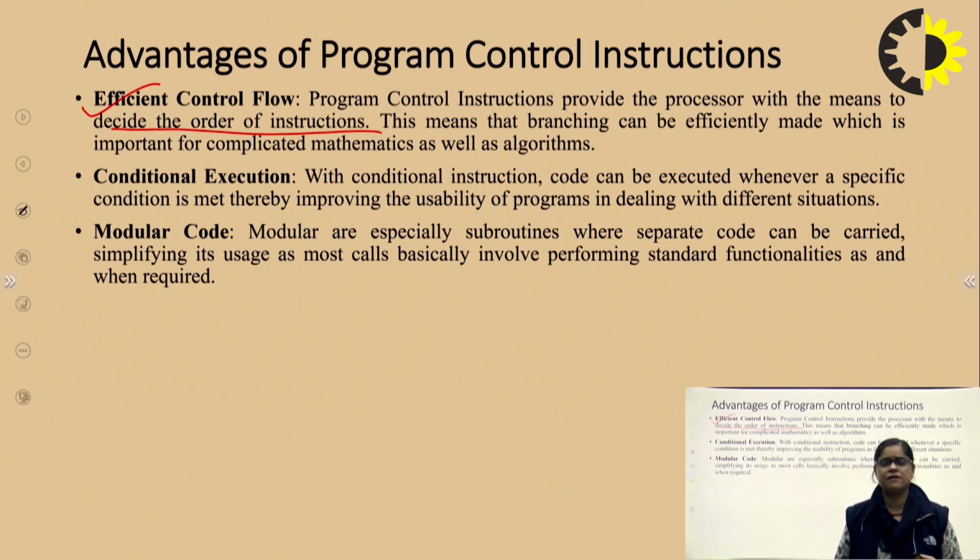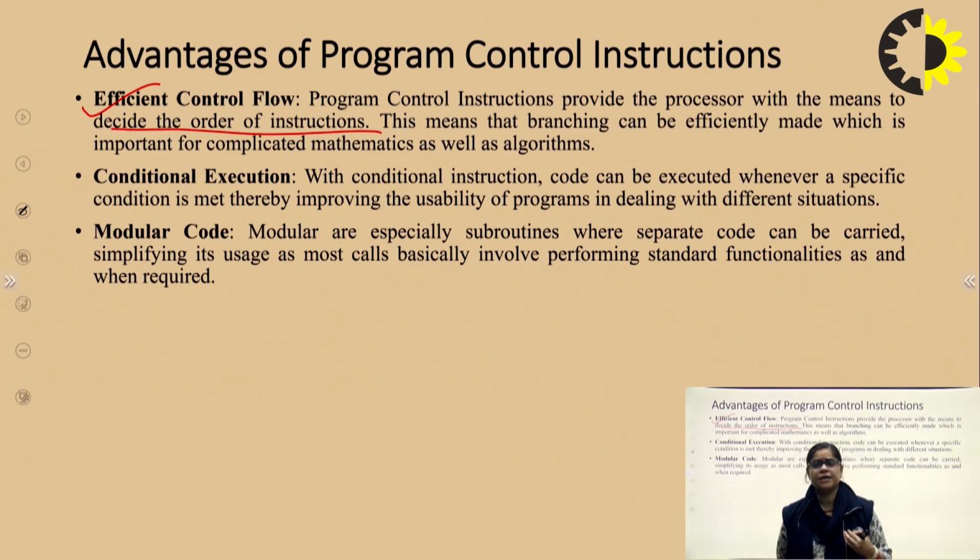For example, if I have to just add a plus b equals c, or sum equals a plus b, and store the result in sum only, then we are following the normal flow. But when we are working on multiplication, or restoring division, or on a situation where we are calling a function, or using conditions, here we use a program control instruction, because it helps to find an easy solution for complicated mathematics.